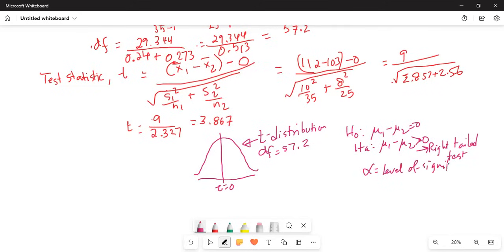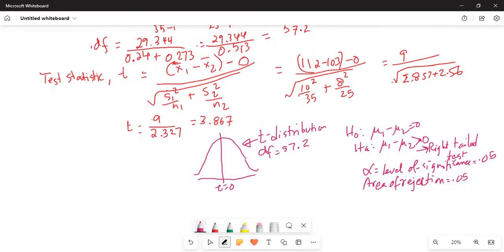My alpha value, the level of significance, is 0.05. That means the area of rejection is equal to 0.05.